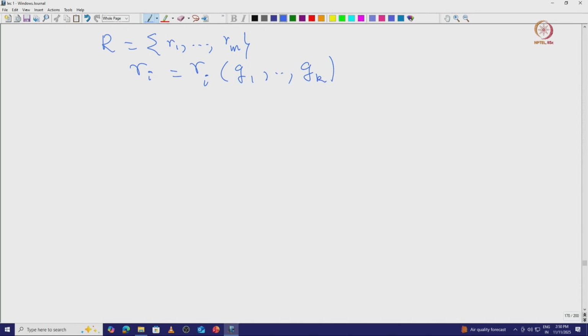So, it will be just a word that you get from these G1 etcetera Gk, because this is going to be an element inside your f of s. So, it is going to be given in terms of G1 etcetera Gk and their inverses. So, that is why I am denoting this Ri by Ri of G1 etcetera Gk.